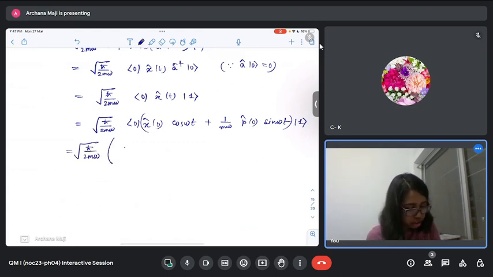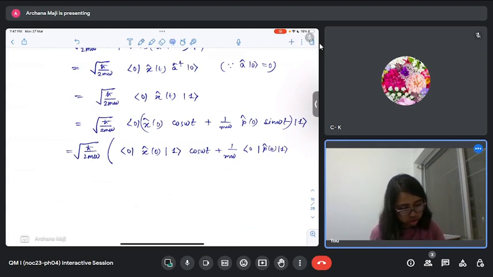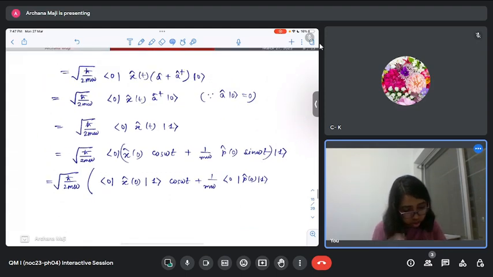Omega, <0|1> cos omega t plus 1 over m omega <0|1> sin omega t.